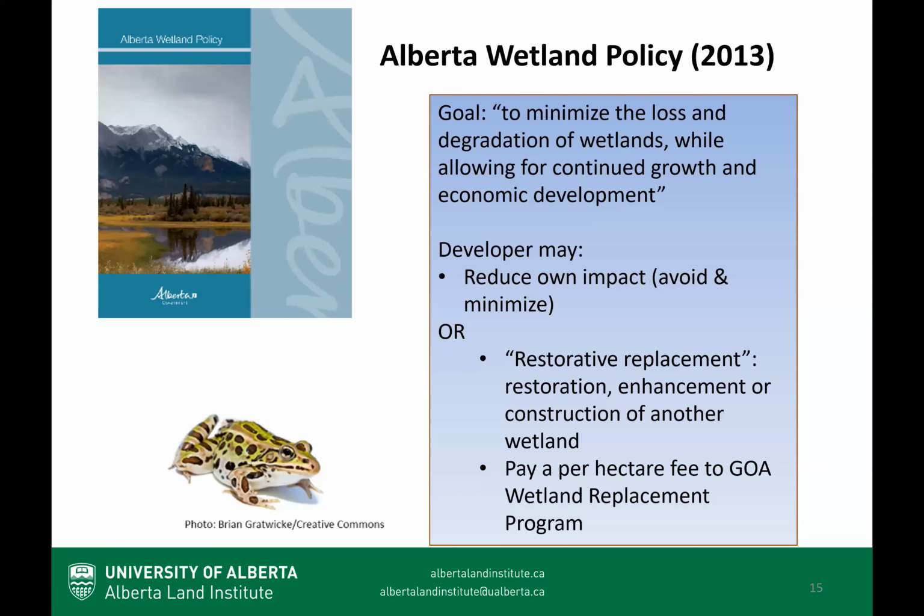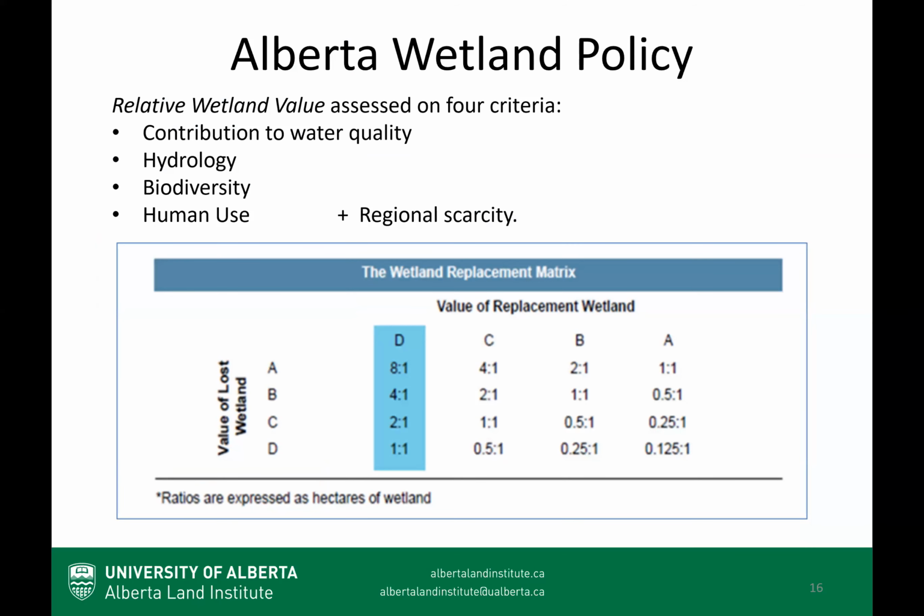I'm quite confident saying that every application that has come forward under the policy has resulted in a fee being paid, and those monies are being collected within a fund within the provincial government, to be used for wetland replacement.